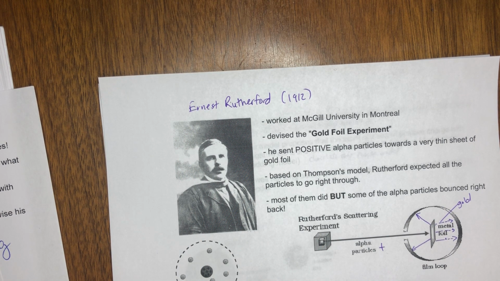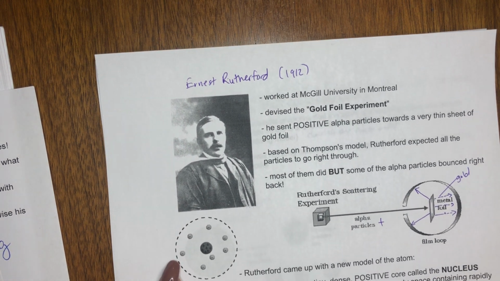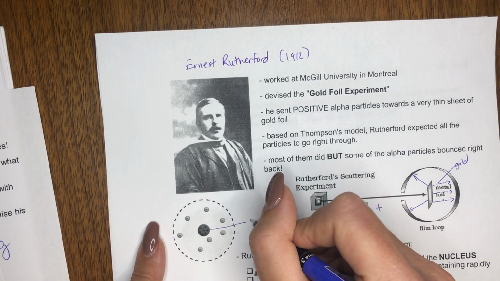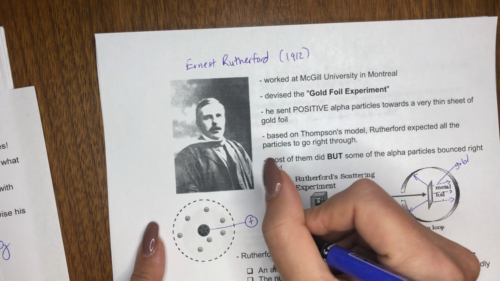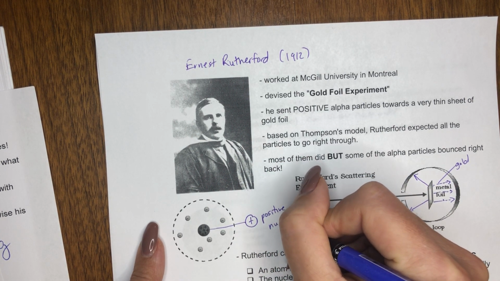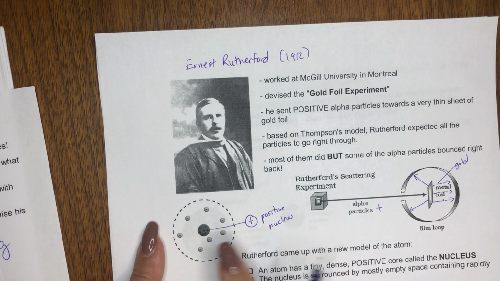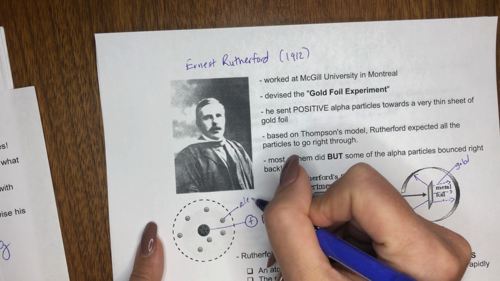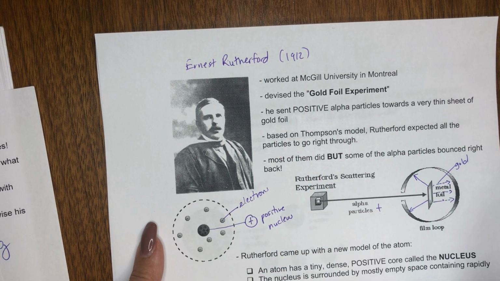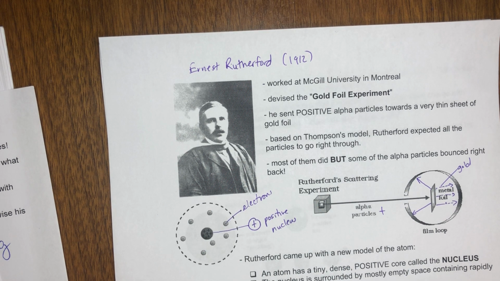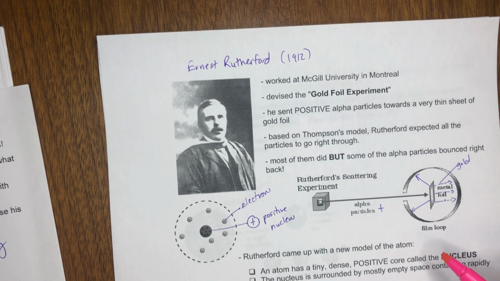Well, that meant that the atom had a positive nucleus. This is hard to see maybe, but this is a positive nucleus at the center. And the electrons were still whizzing around inside the atom. So he found the nucleus, in essence, through his experiments.